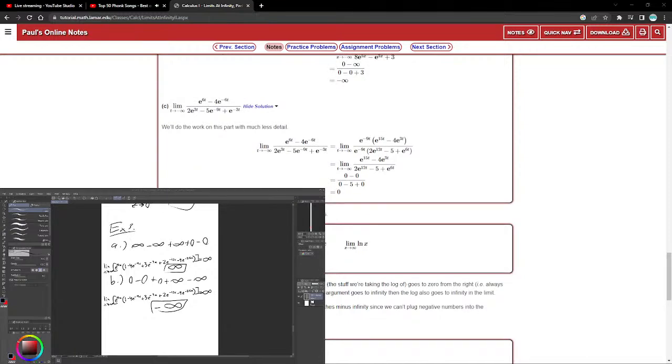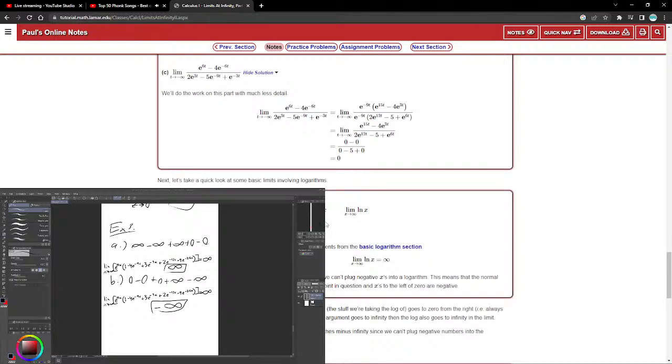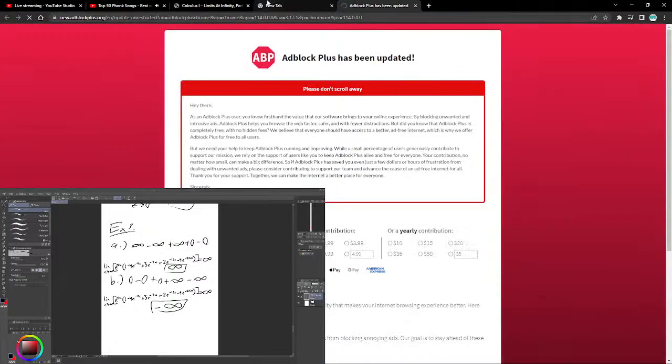Now let's take a quick look at some basic limits involving logarithms. Zero from the right. Okay, well, let me pull up Desmos again, graph that.